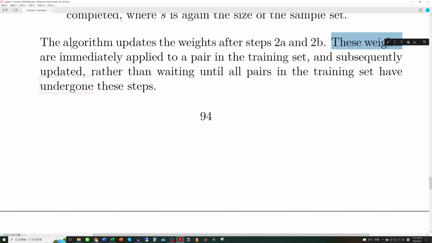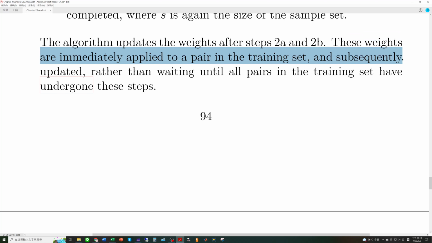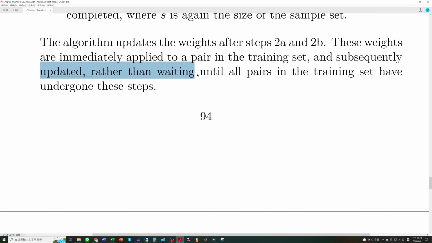These weights are immediately applied to a pair in the training set and subsequently updated, rather than waiting until all pairs in the training set have undergone these steps. I will explain the meaning of the word undergone later.